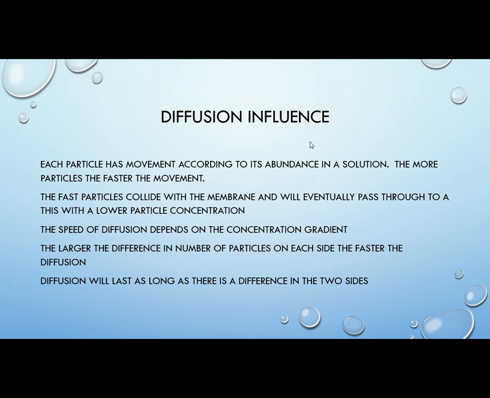Okay, the speed of diffusion is going to depend on the concentration gradient in the fluids. The more particles you have, the faster stuff will diffuse. Why is that? Because there's more of them there to get the chance to diffuse. The larger the difference in numbers of particles on each side, the faster your diffusion is going to happen. Your body, no matter what, tries to hit an equilibrium.